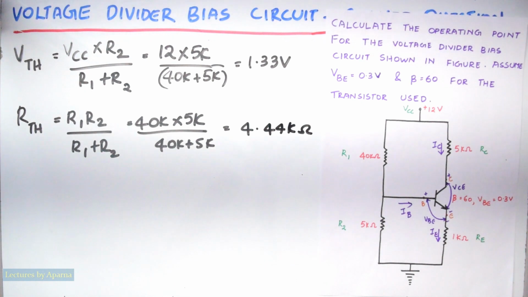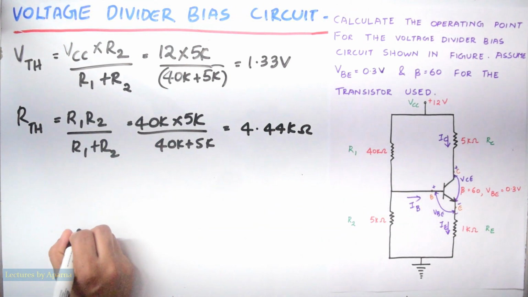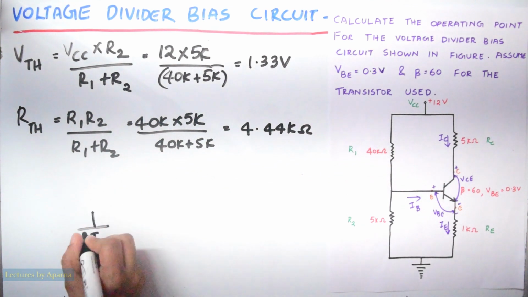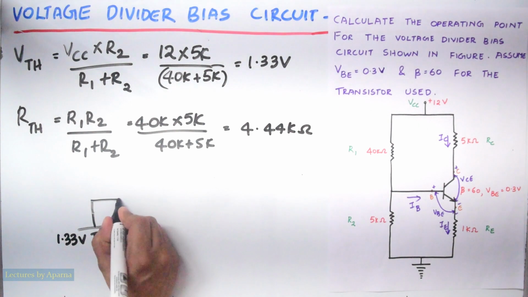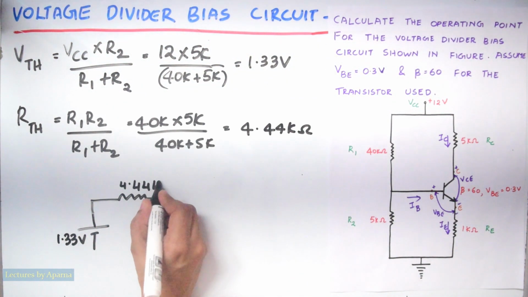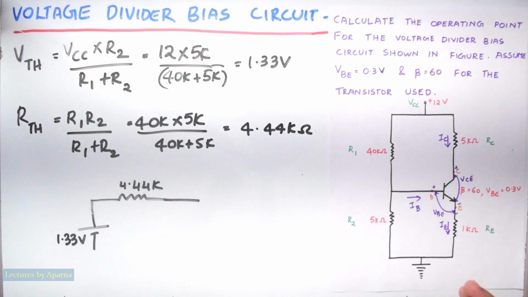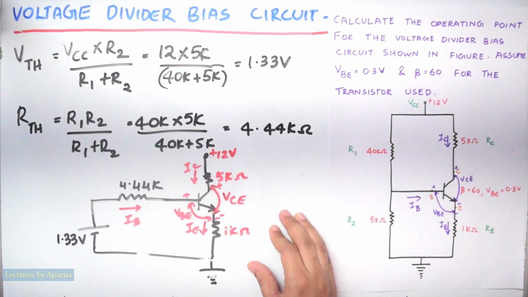Now draw the Thevenin's equivalent circuit. First we have to connect VTH, that is 1.33 volt, then RTH which is 4.44 kilo ohm. Then we have to connect this part. This is the Thevenin's equivalent circuit.